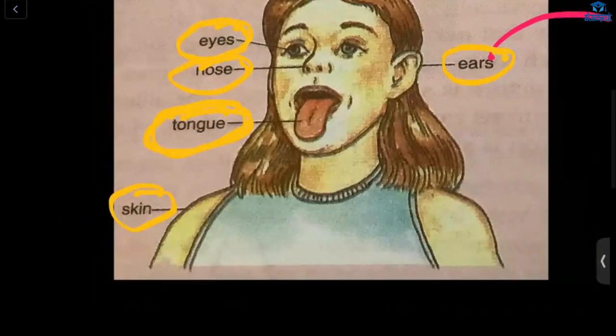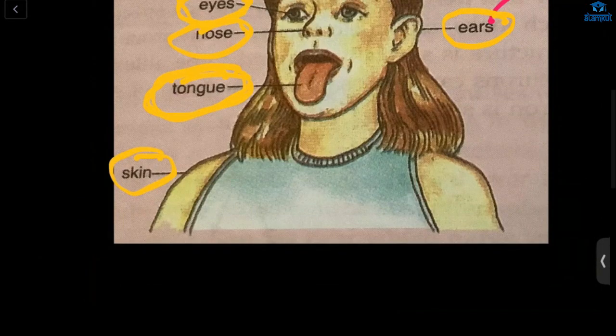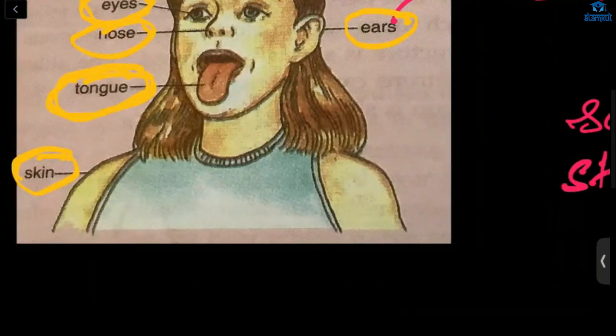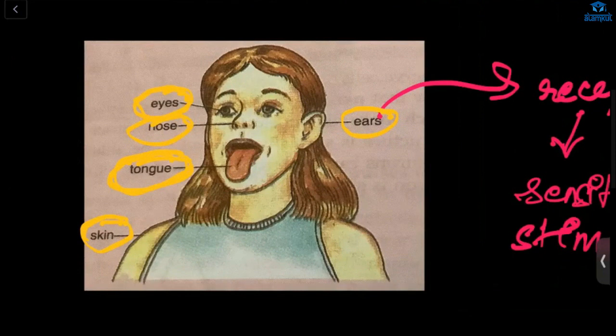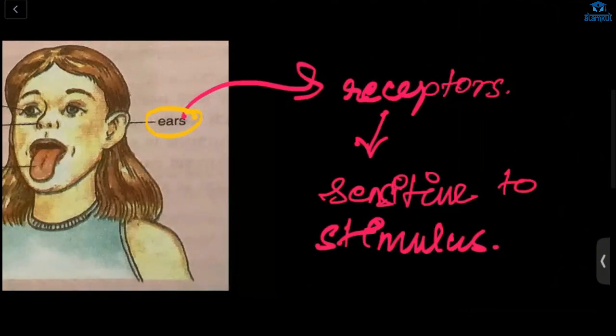Here eye, nose, tongue, ear, and skin are all sensitive to stimulus. In all the sense organs we have receptors.